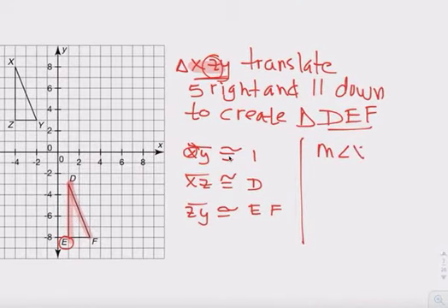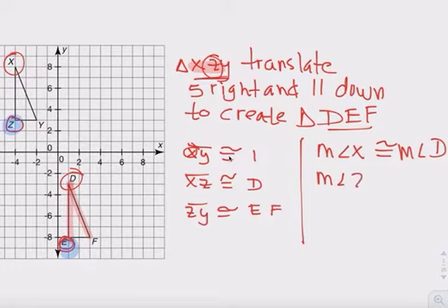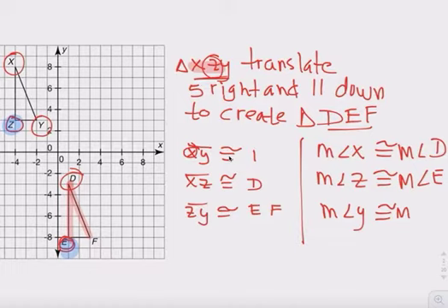Measurement of angle X is congruent to measurement of angle D. Measurement of angle Z corresponds to E, so measurement of angle Z is congruent to measurement of angle E. Our last one, measurement of angle Y, is congruent to measurement of angle F.